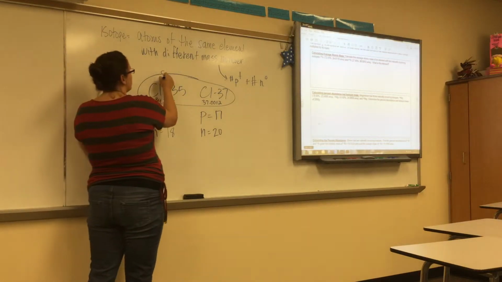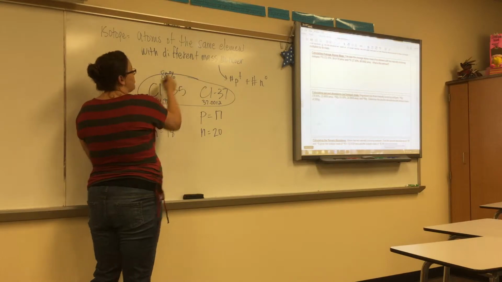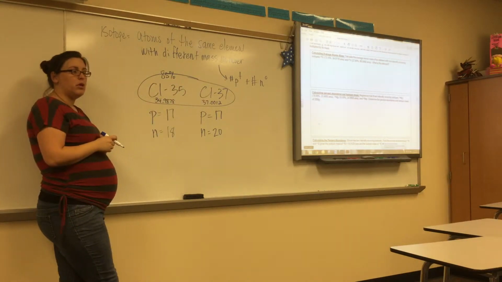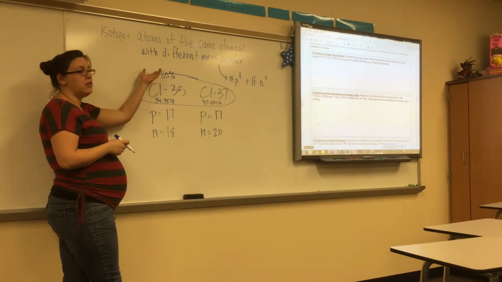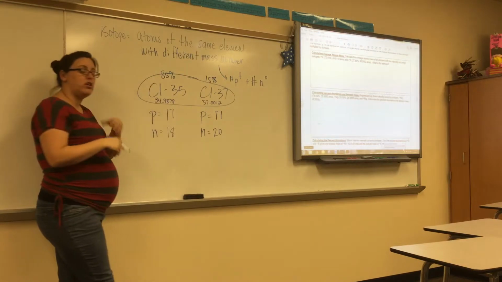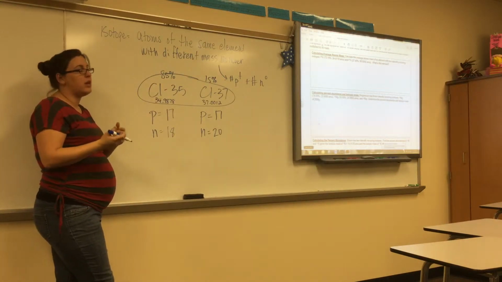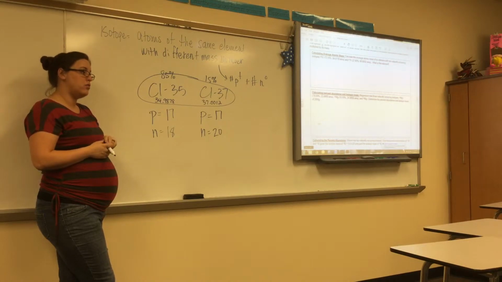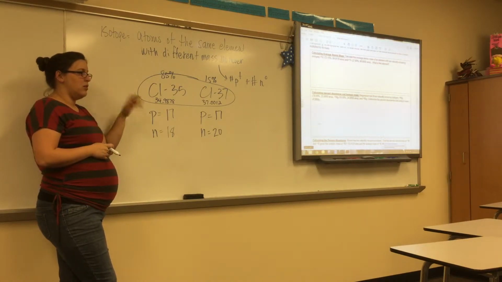Let's say this one occurs 85% of the time. How much would this one have to occur? Well, 100 minus 85. That makes sense? It could exist 50-50, it could exist 80-20, and that's why in these types of problems they give you a percent abundance for those. Does that kind of clarify a little bit on my steps?